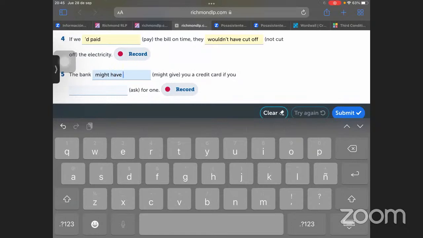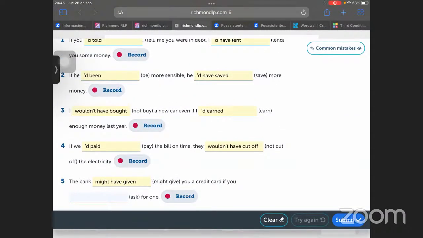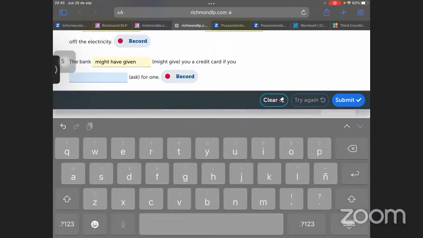Might have given. Give, gave, given. The bank might have given you a credit card if you had asked, yes, if you had asked for one.